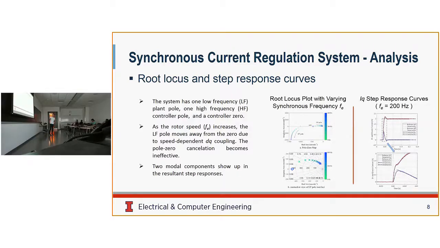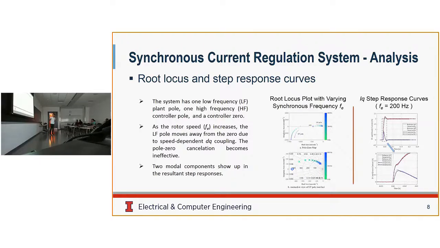One of the poles has a low frequency, corresponding to the plant model, and the other is a high frequency pole, corresponding to the controller pole, and a controller zero that we place arbitrarily, but normally the strategy is to place the controller zero close to the low frequency pole, so that the low frequency pole and the zero cancel out, and what's left is the high frequency pole, so that we get a high bandwidth response. That's the basic strategy.